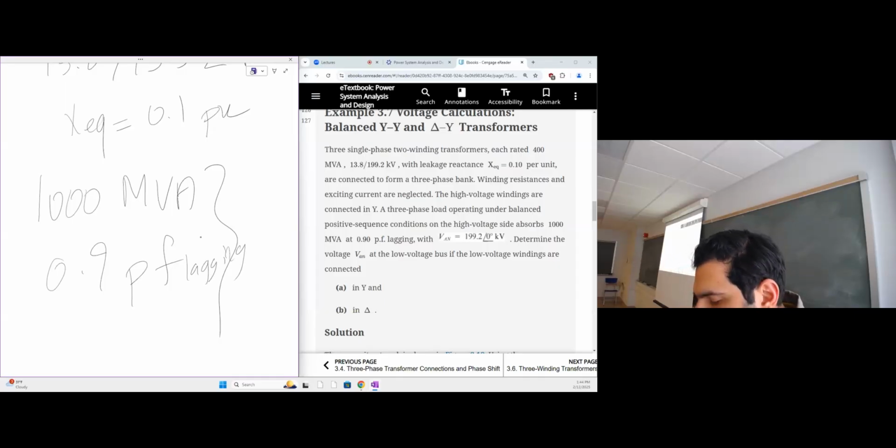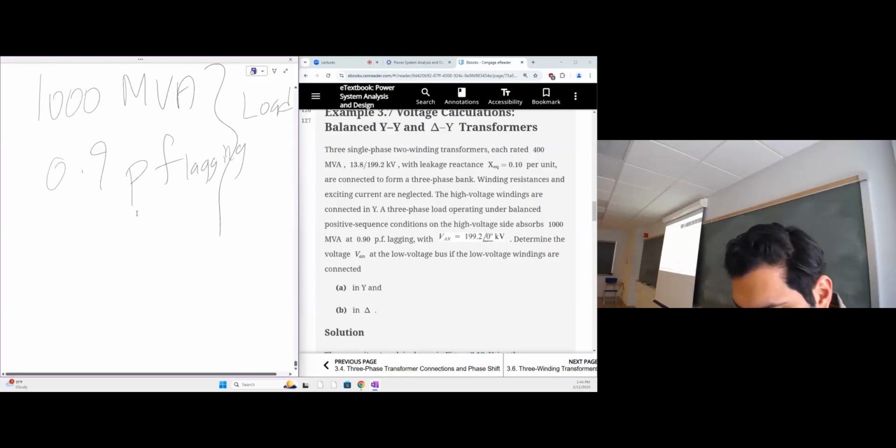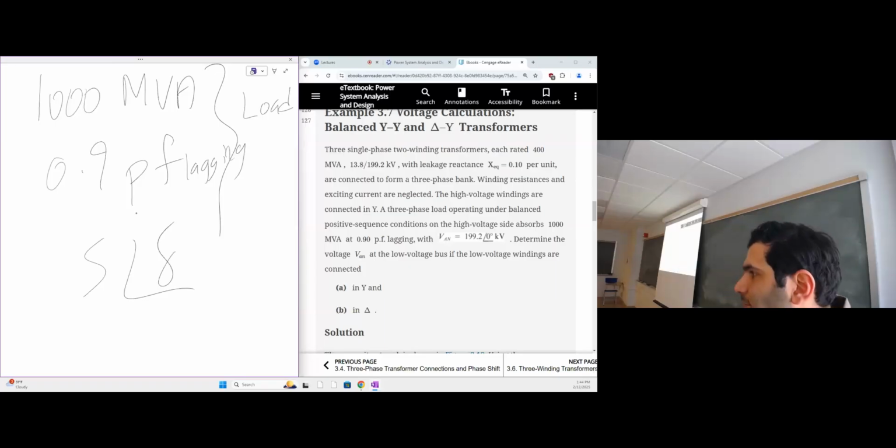I got some readings for the load. So he gave me here S, gamma for the load. Okay?